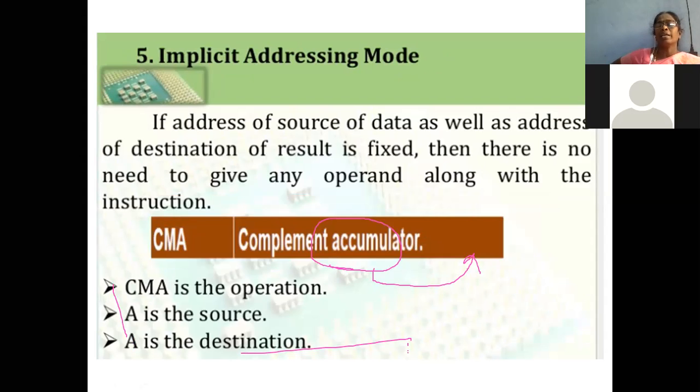Whatever the content of the accumulator, zeros become 1 and 1s become 0. Here we have not specified anything, only the operation. We are not specifying source or destination. This is a default instruction. When we write CMA, it complements the content in the accumulator and keeps it in the accumulator itself. That's why this addressing mode is called implicit addressing mode.